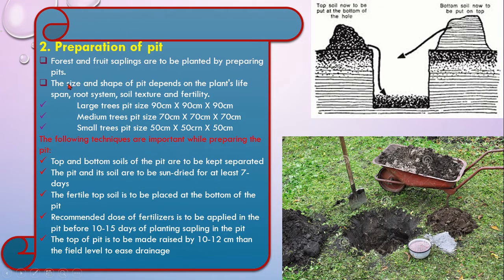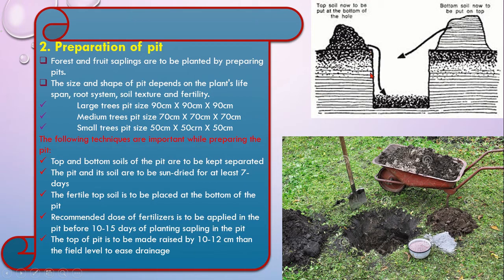Next point is preparation of pit. Before we prepare any pit, we have to know the size of a pit. If there are large trees, then the size of the pit is 90 centimeter into 90 centimeter into 90 centimeter.